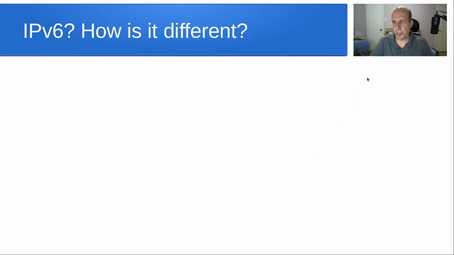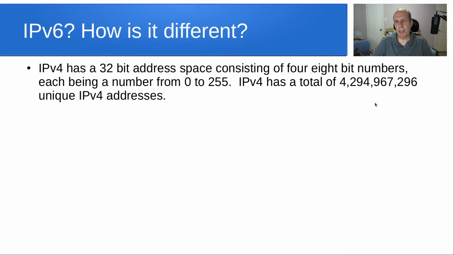IPv6, how's it different? Okay, so IPv4 has a 32-bit address space consisting of four 8-bit numbers. So typically 1.2.3.4, each being a number from 0 to 255. And therefore, IPv4 has a total number of unique addresses at 4,294,967,296.